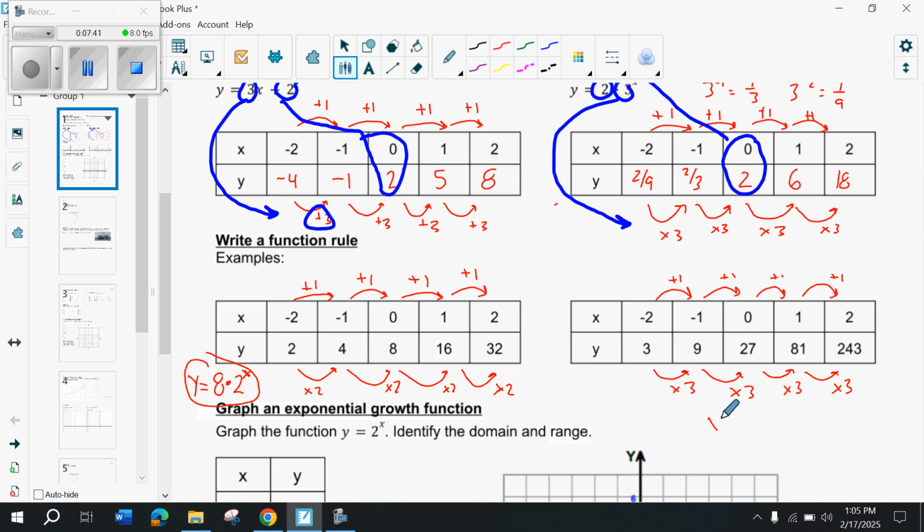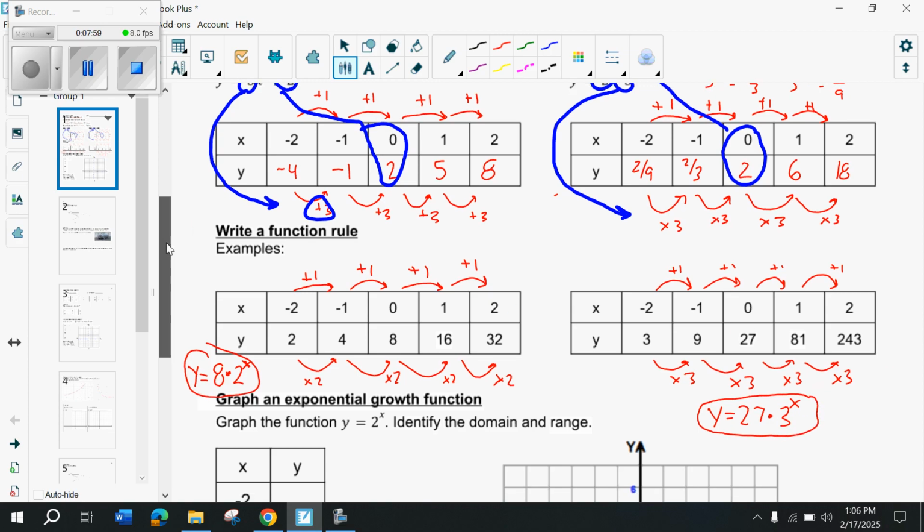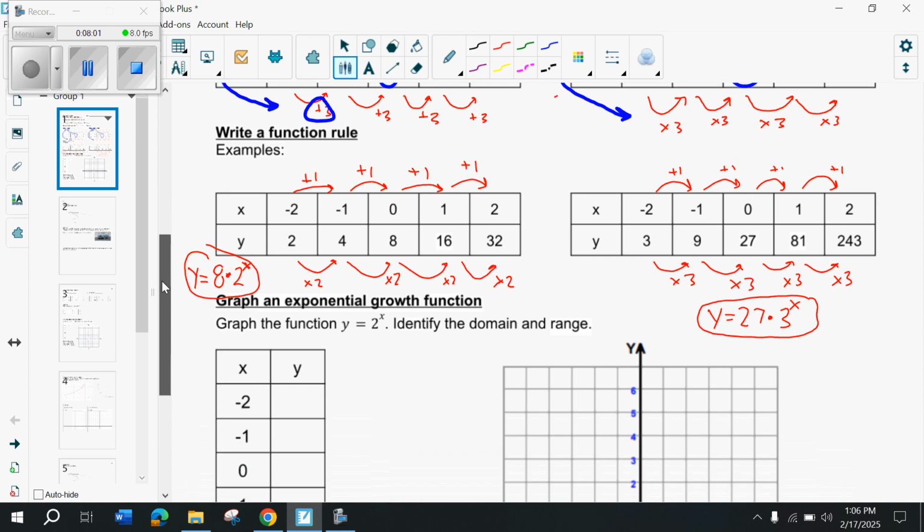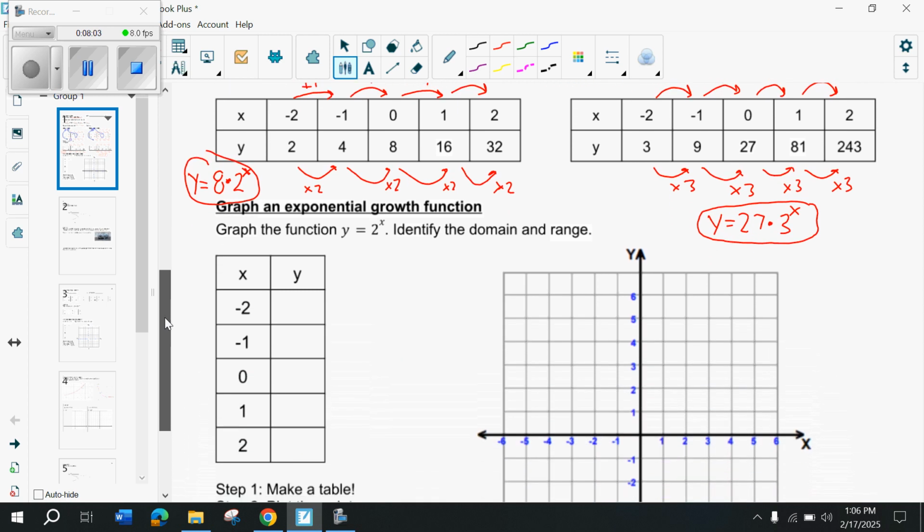So this could be y equals 27, and then it multiplies by 3, 3 to the x. That is my equation for this function, or my rule. Remember, equation and rule are the same thing. So that's how we come up with the rule for it.